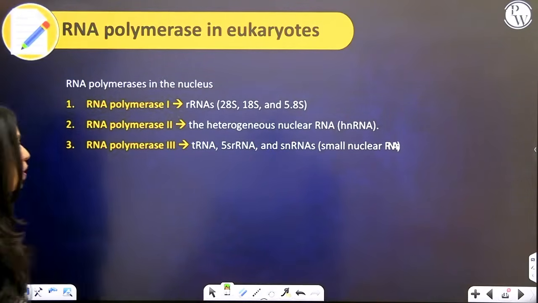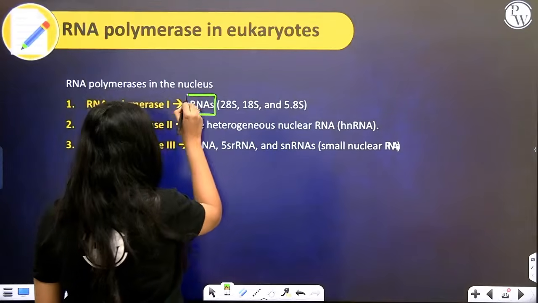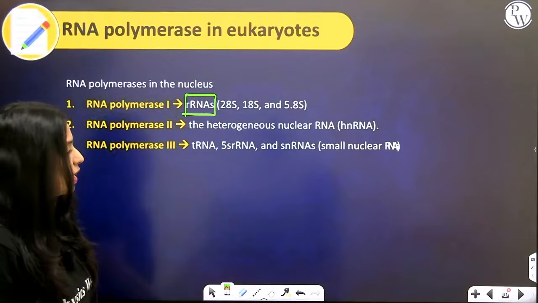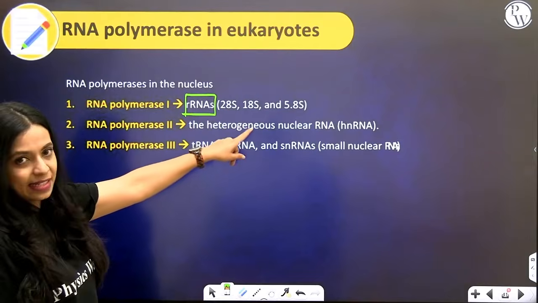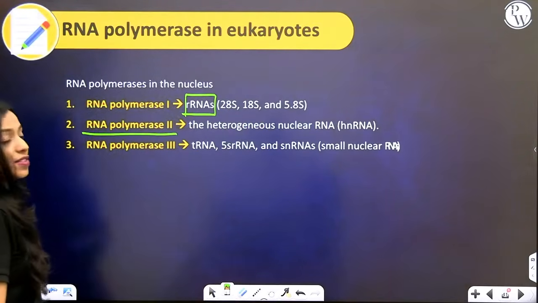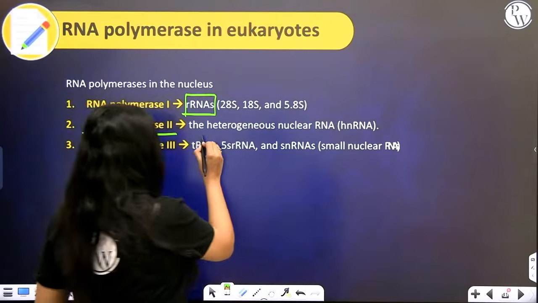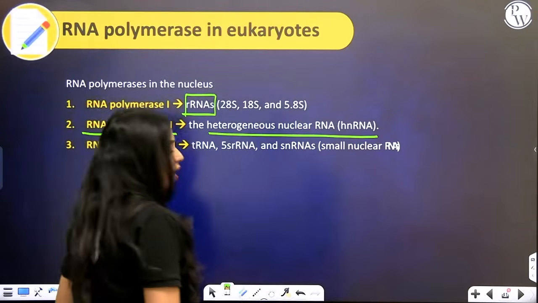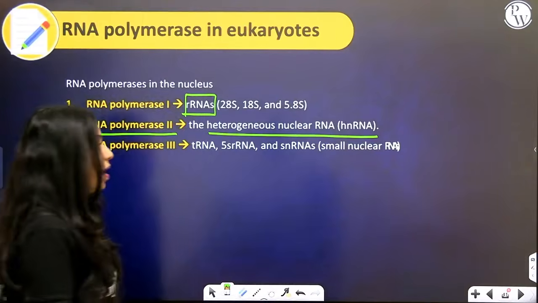RNA polymerase 1 is involved in the synthesis of ribosomal RNA, specifically 28S type, 18S type, and 5.8S type. RNA polymerase 2 is responsible for the synthesis of hnRNA. hnRNA is short for heterogeneous nuclear RNA.